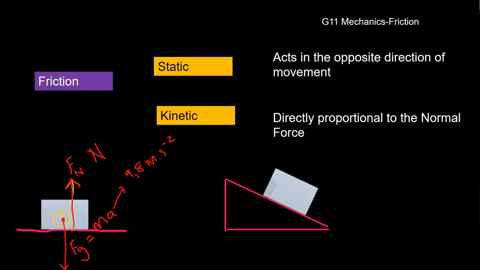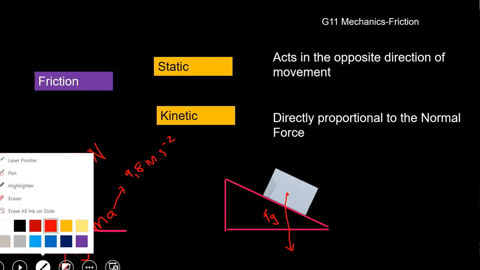What now about an object which is on a slope? So let's have a look at this. We have to think back to our forces and breaking them up into components. So we've got a force, whoops, that's a bit skew, of Fg. So that is our gravitational force.